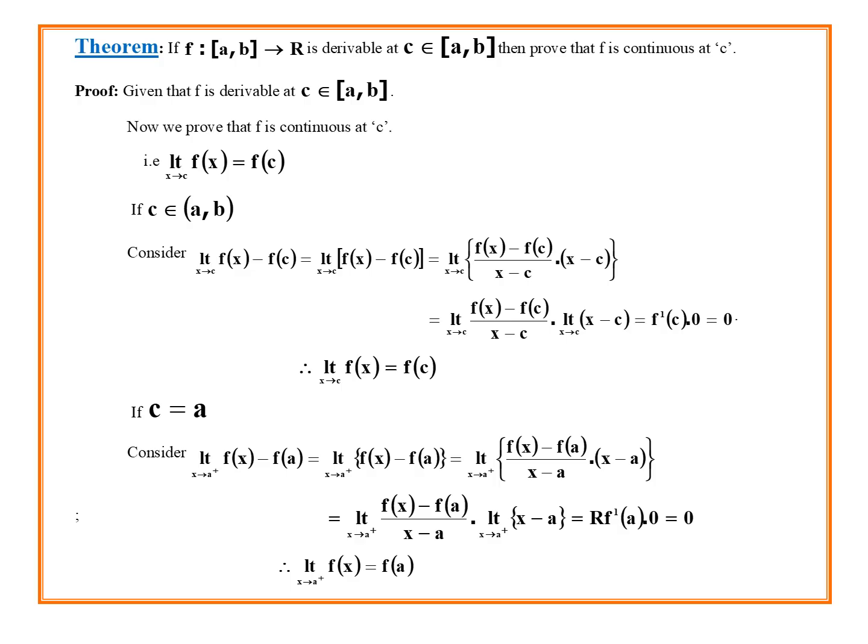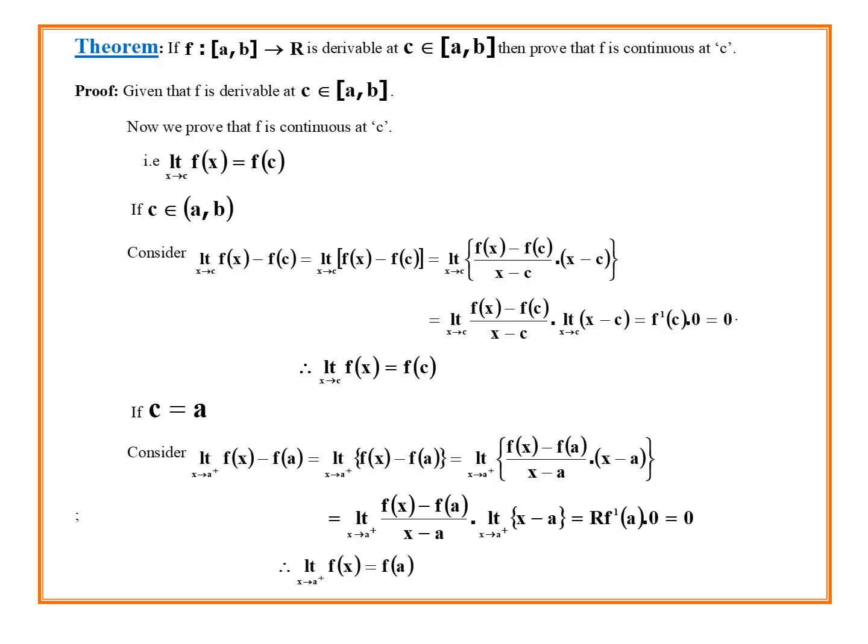If c is equal to a, consider limit x tends to a+ of f(x) - f(a). That is equal to limit x tends to a+ (f(x) - f(a))/(x - a) into (x - a). We are multiplying and dividing with x - a.